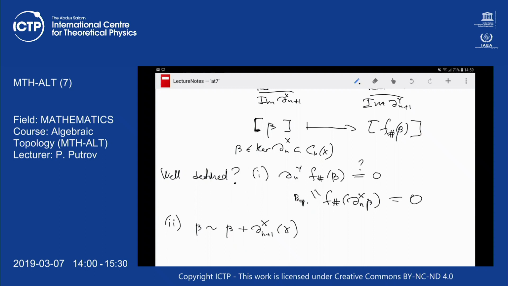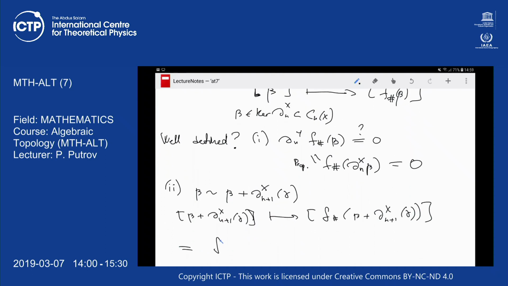So now, if you take instead the class corresponding to this, and use the definition of this map, this should give us F sharp of beta plus dn plus 1 of X of gamma. Then by linearity it is the same as F sharp of beta plus F sharp of this term. But again we can use the proposition to exchange d with F sharp.